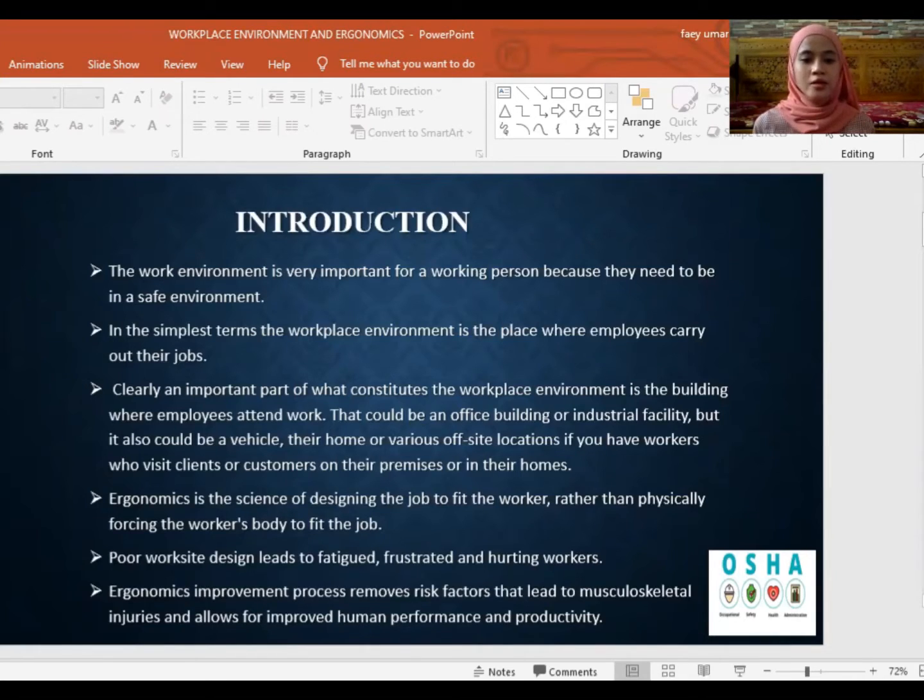Last, the ergonomic improvement process removes risk factors that lead to musculoskeletal injuries and allows for improved performance and productivity.